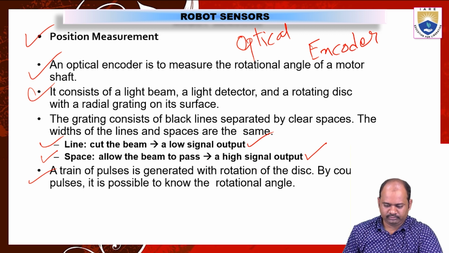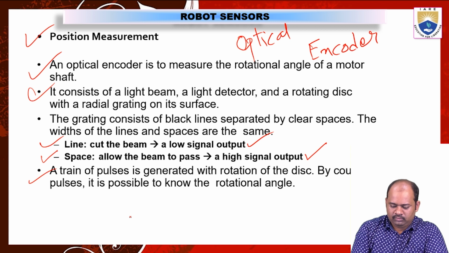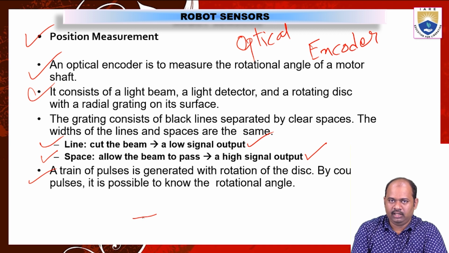Now see here, we will have a series of light. This line indicates no pass through the disk. Then we will have some space, and again we will have a line, and again a space, and then again a line.